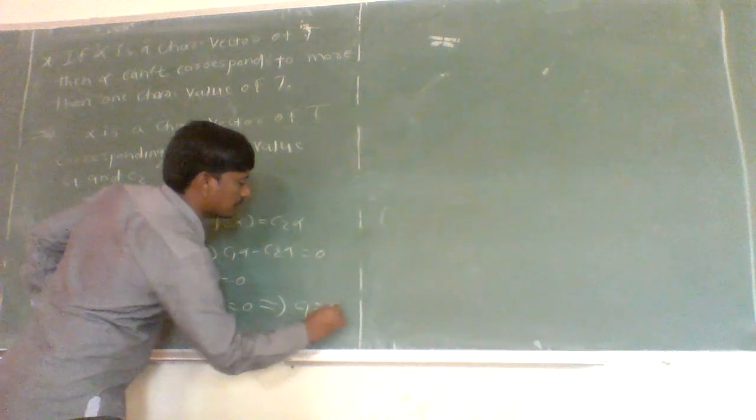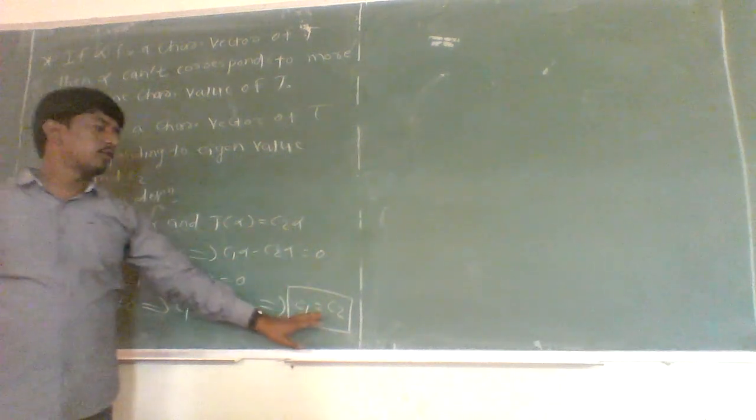Then C1 minus C2 must be 0, which implies C1 must be equal to C2.